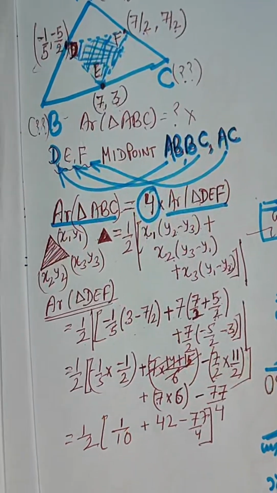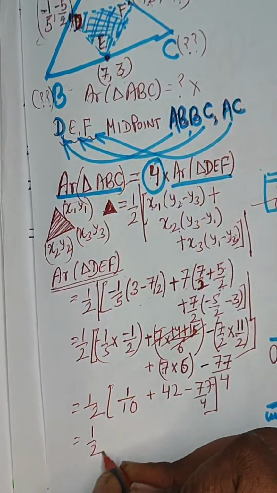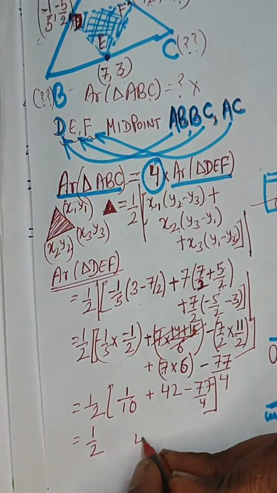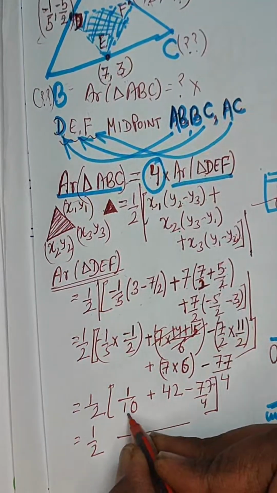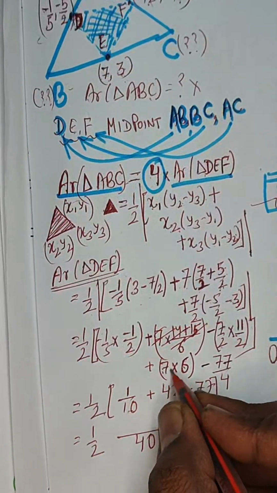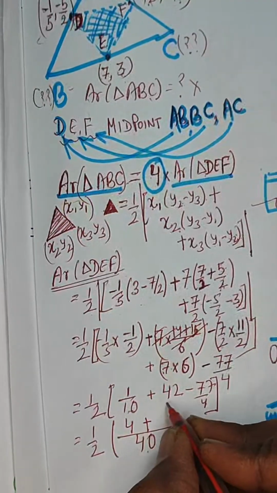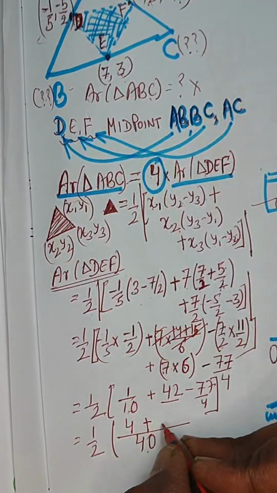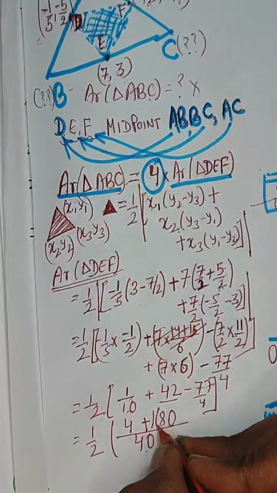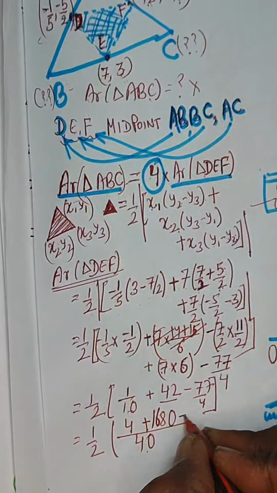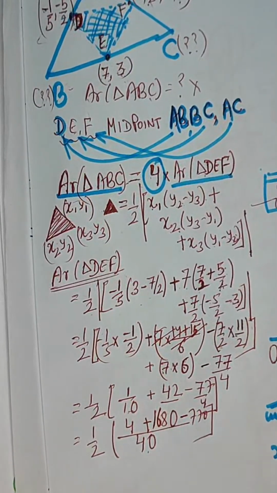And this will give you, when you take LCM, 10 into 4 is 40, right? 40, then 10 multiplied with 4 becomes 40, so 4 into 1 is 4, plus nothing is there, so 40 into 42 is 1680, minus 770, right?